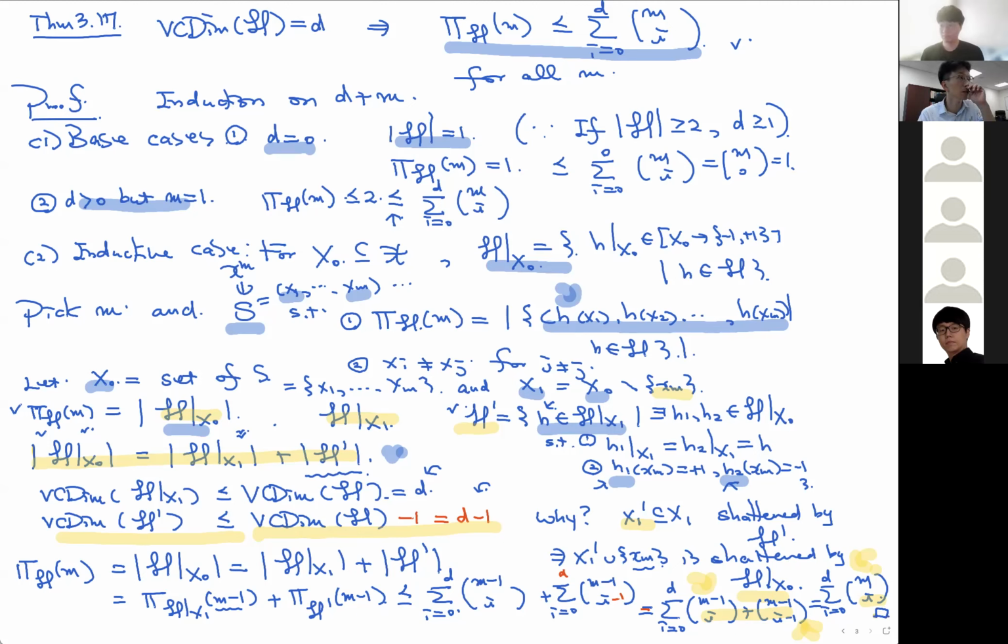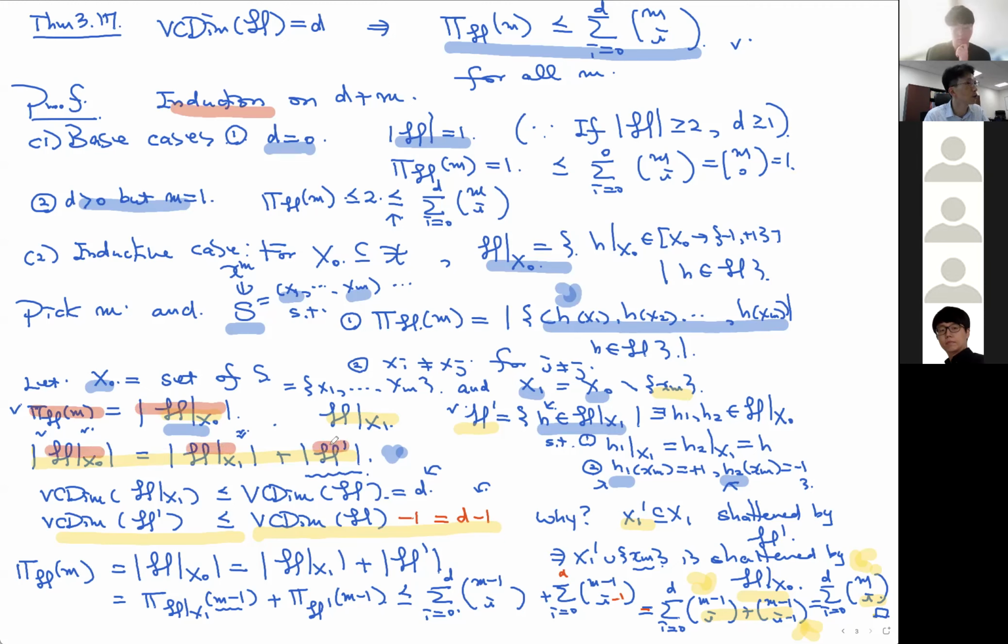Okay. Now taking a step back, what we really did is induction in the proof. We prove by induction, and the base case is just case analysis and a simple check. The inductive case required some key idea. The key idea was considering the restriction h restricted to x0 and noticing that the growth function can be expressed like this, and then rephrasing the h restriction to x0 in terms of two subsets.